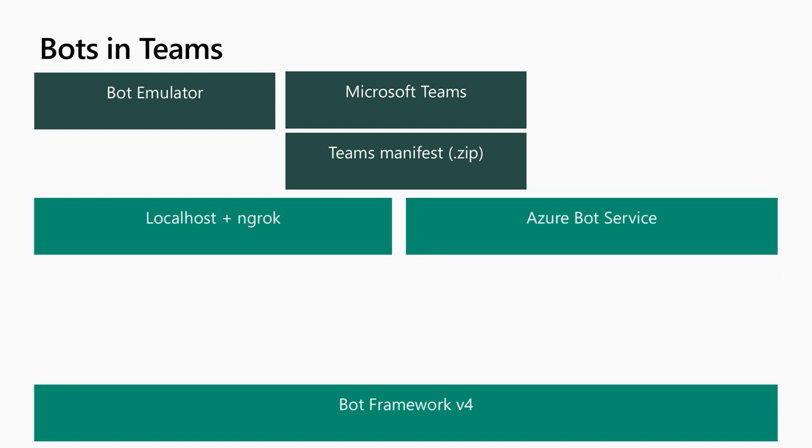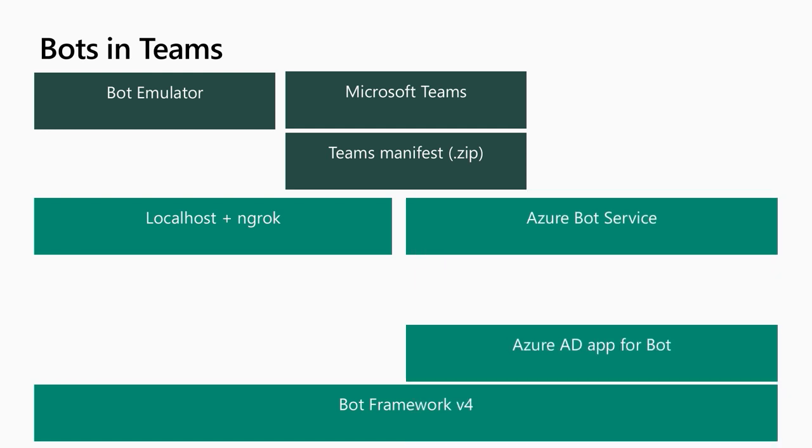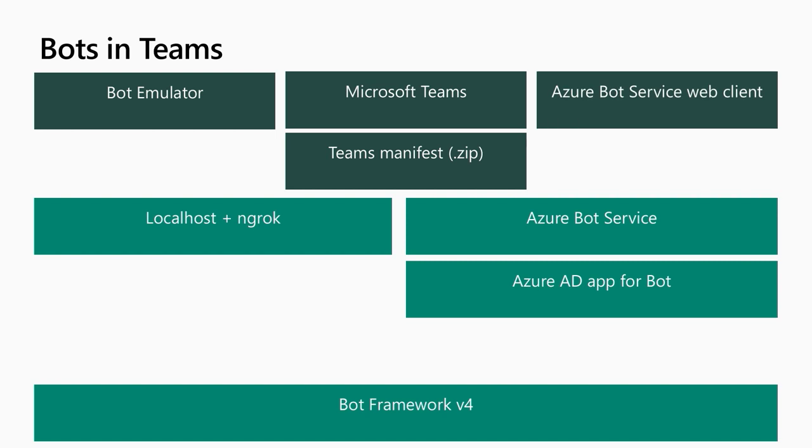So what you actually need to do is publish that bot into Azure Bot Service. The way that you do that is just right-click inside of the Visual Studio project and click Publish, and it will push your bot into Azure. And then you can use that bot URL that's hosted in Azure to connect to in the manifest and have it running in Teams.